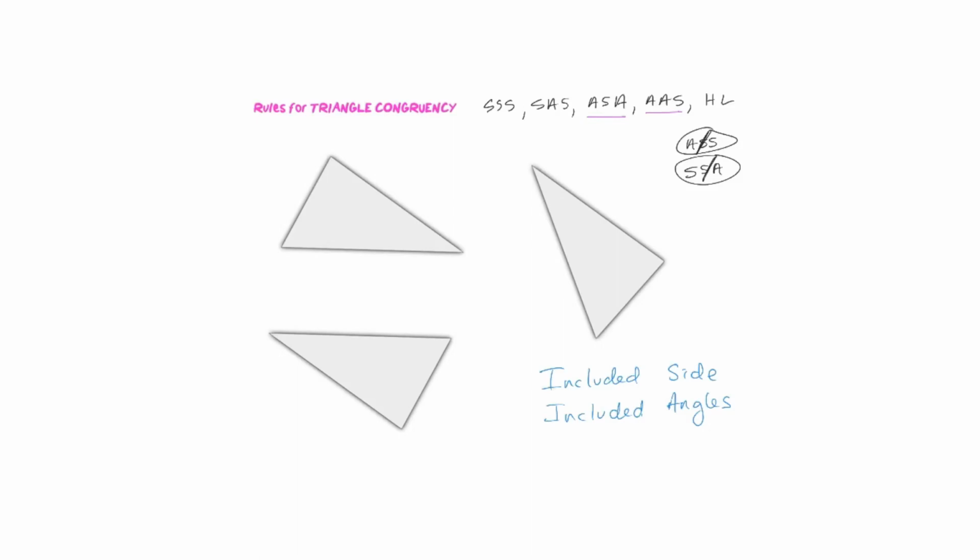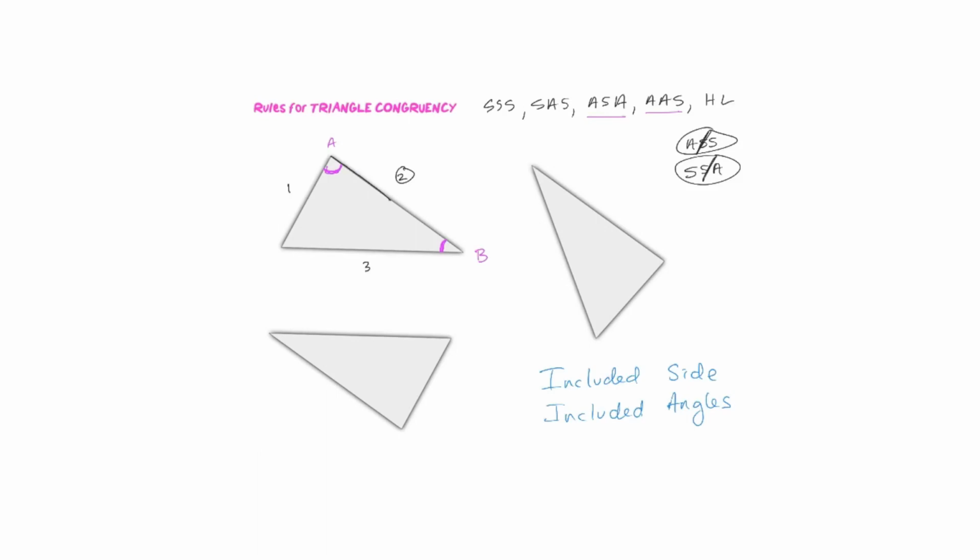So what do they mean by, let's just say, included side? Well, if you have an angle here, let's say this is angle A, and you have angle B. You have three sides to this triangle. There is only one side that you could consider as the included side, and that's side 2 here.